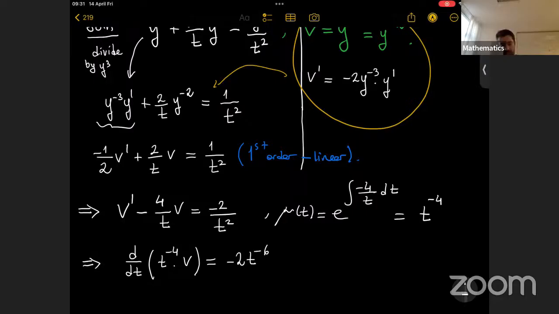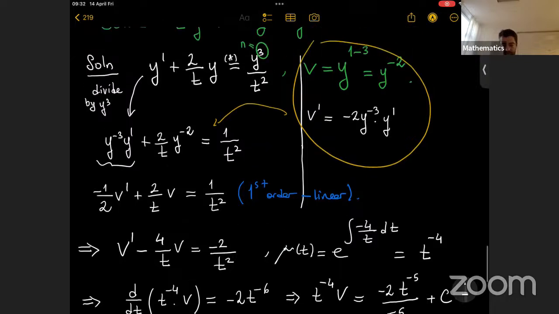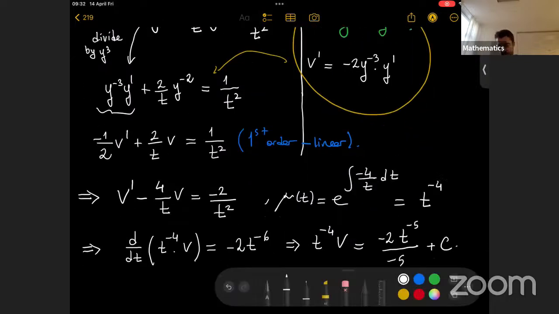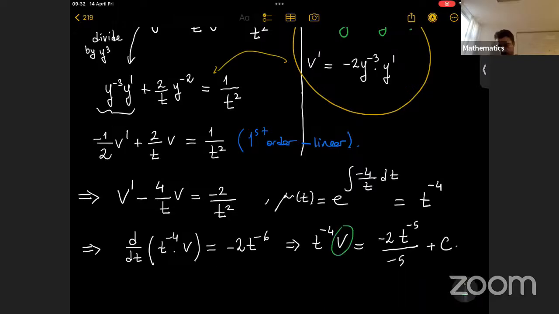Okay, and from here t to the minus 4 times v is equal to, the integral here is minus 2 t to the minus 5 over minus 5 plus a constant. And remember, v was what? Y to the minus 2. So this was y to the minus 2.